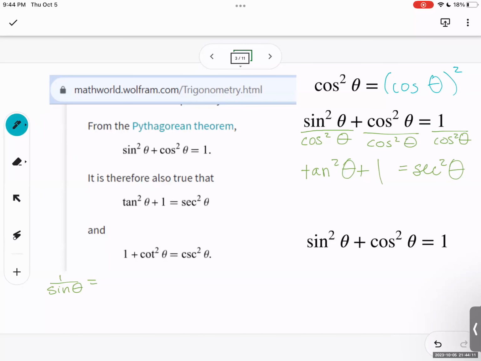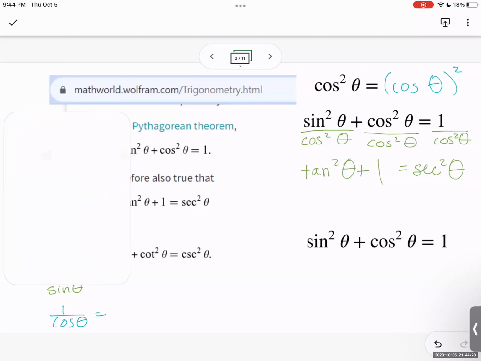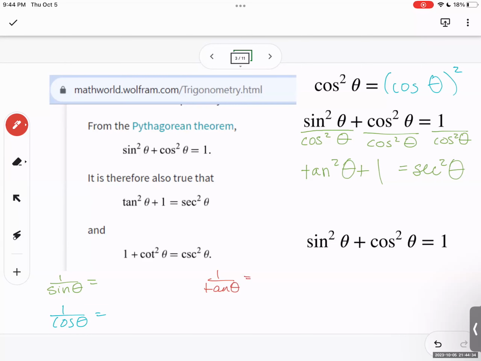When we have our standard trigonometric functions, sine theta, cosine theta, tangent theta, if we find their reciprocals, 1 over sine theta, 1 over cosine theta, 1 over tangent theta, we have trigonometric functions for these values too. 1 over sine theta is cosecant theta. 1 over cosine theta is secant theta.